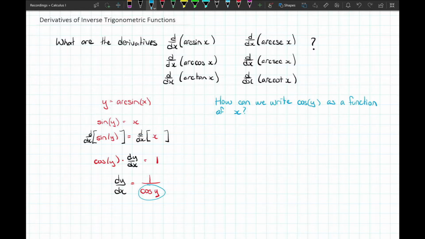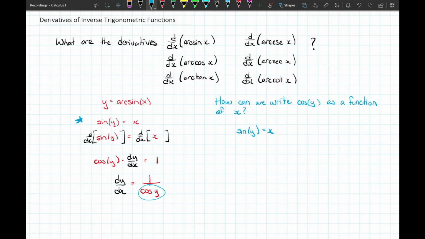We can either use some identities, or we can simply look at sines and cosines as being ratios of a right angle triangle. There are a couple of different techniques we can look at. Let's start by thinking about definitions of sine and cosine in terms of right angle triangles. From the moment that we wrote down sine y equals x, we can write that as a triangle with 2 sides being the ratio of x.